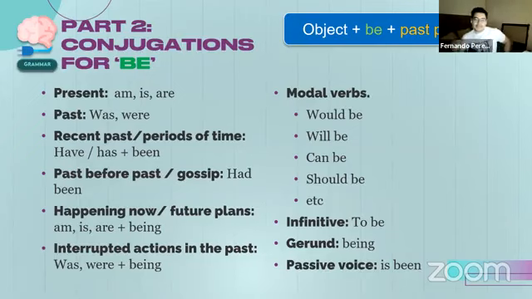The point is the structure, and no, we don't use past before past, because past before past is precisely something that happened before another activity in the past, another action. So you need two actions. In this case, we are talking about only one, the invention of the telephone. So we don't use past before past. Any other idea, guys?